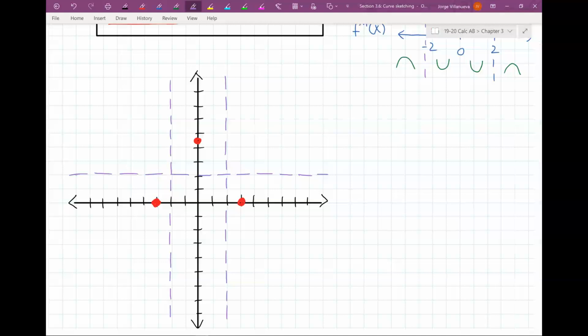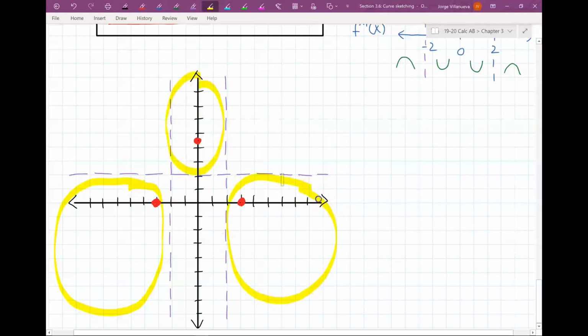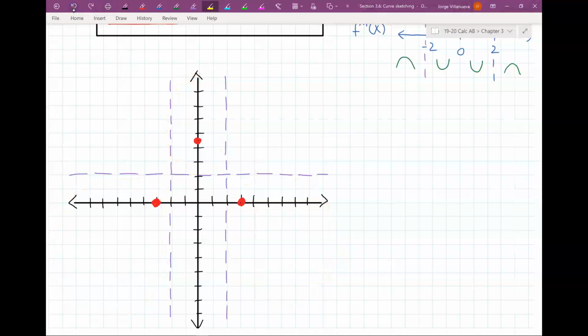I'm going to erase this stuff right now, but part of my graph is going to live here. The other part's going to live here, and the last one's going to live right here, because they can't cross through those vertical lines, right? And the horizontal ones, usually you can't cross. There are some cases where you can, but we'll deal with that later. But that's where it's going to basically reside, okay?